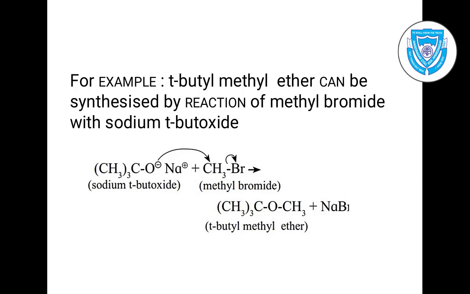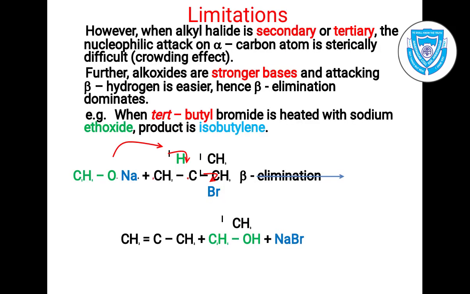The limitation of this method is when the alkyl halide is secondary or tertiary, the nucleophilic attack on the alpha carbon atom is sterically difficult because crowding takes place over here. We'll see this in detail in the reaction.